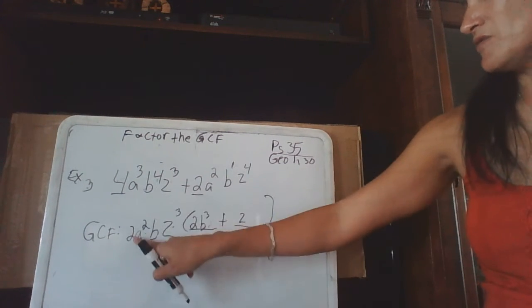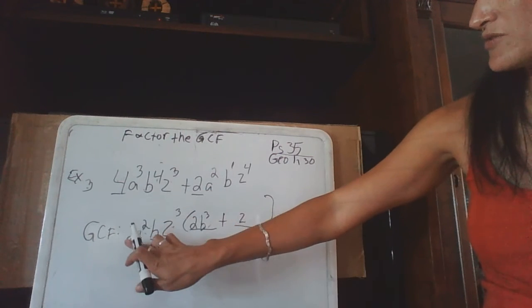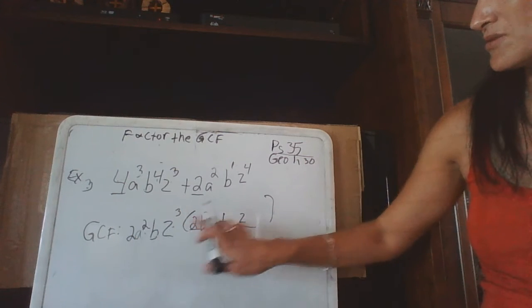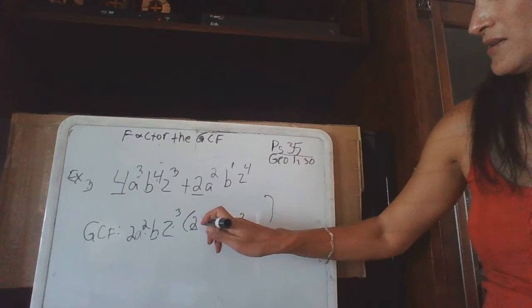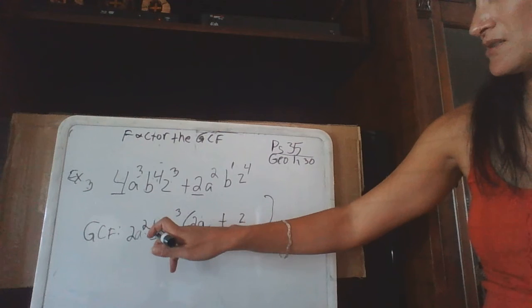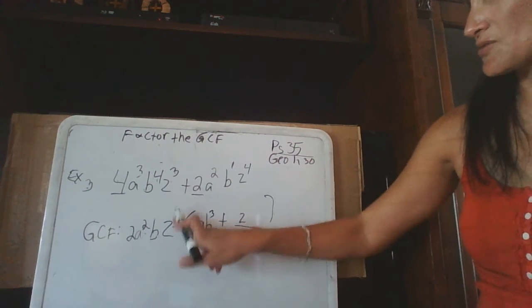And that means when I divided the first term, so this is going to be 4 divided by 2 is 2. 3 minus 2, I'm missing an a, is a. And then b to the 4 minus b to the 1 would be 3. And then those would be nothing.